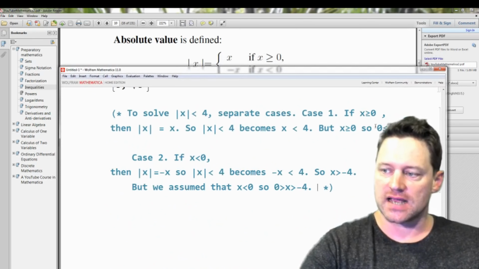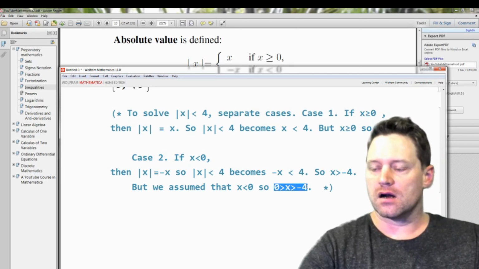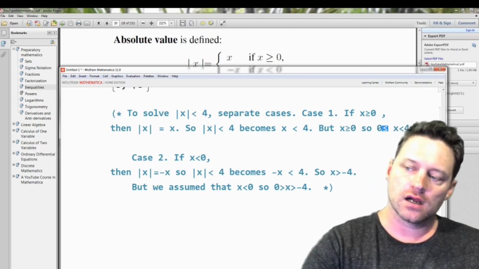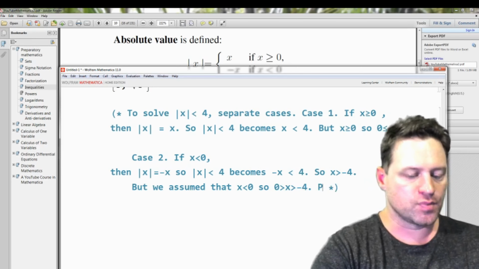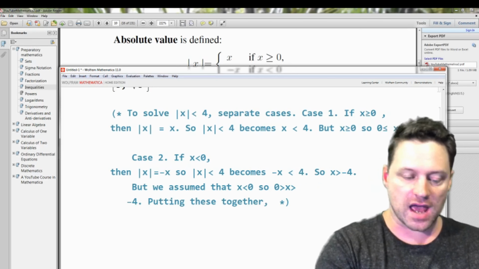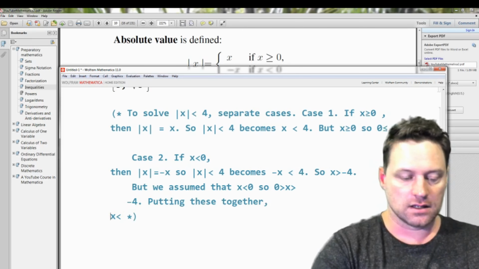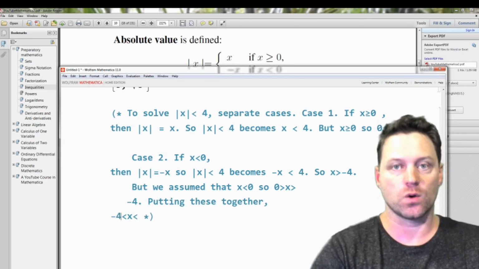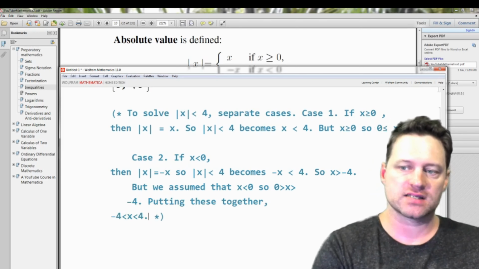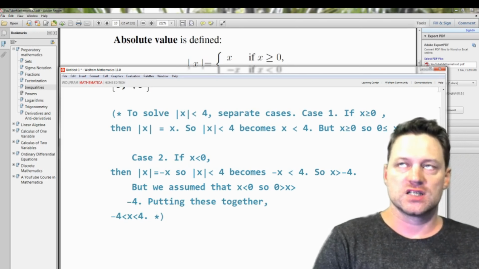Our first case gave us this, and the second case gave us this, as our two possibilities. Notice how they match up. So putting these together, what we have is x is greater than minus 4, but less than 4 in that case. And that makes sense if you're just thinking about the absolute value and distances from the origin.